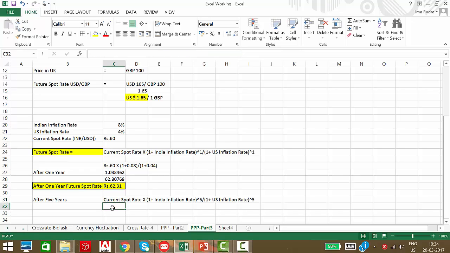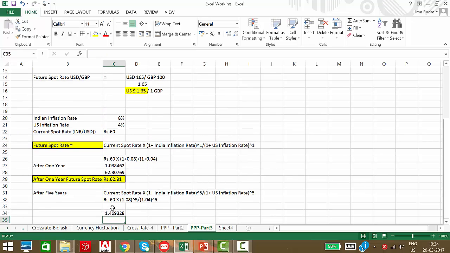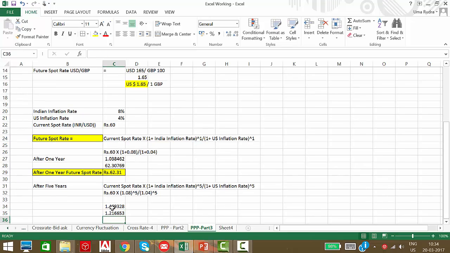So it is the same: rupees 60 into 1 plus 0.08, as we did earlier, to the power 5, divided by 1.04 to the power 5. 1.08 to the power 5 is this, and 1.04 to the power 5 is this.